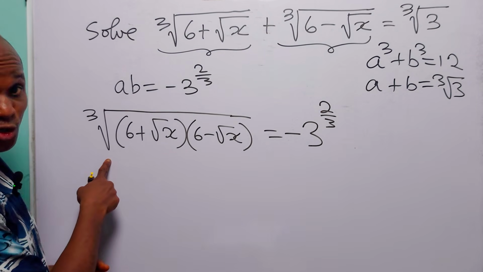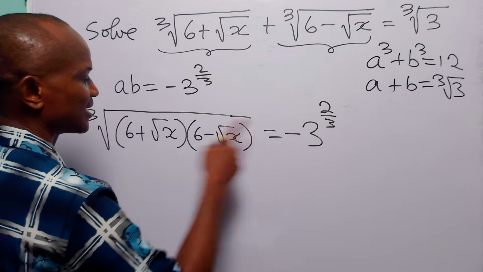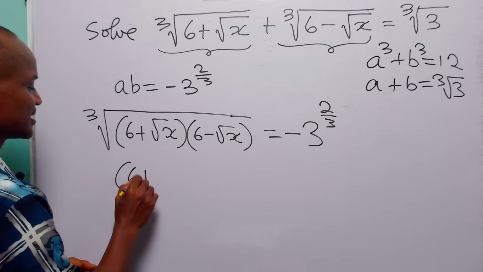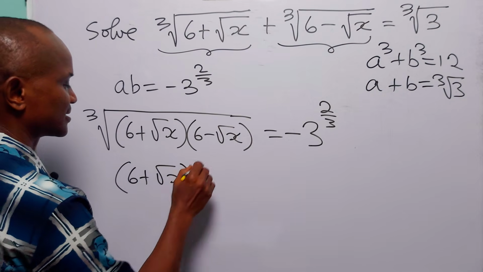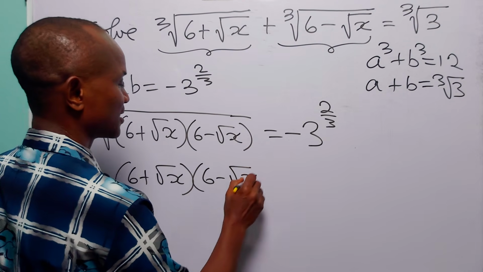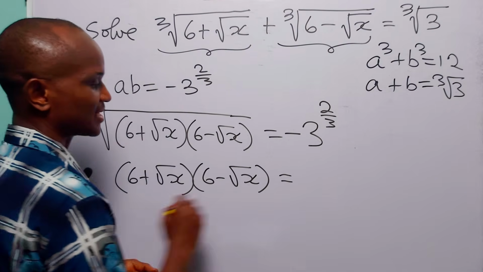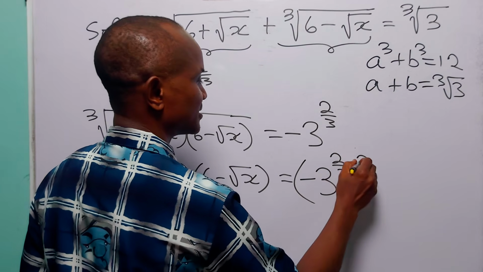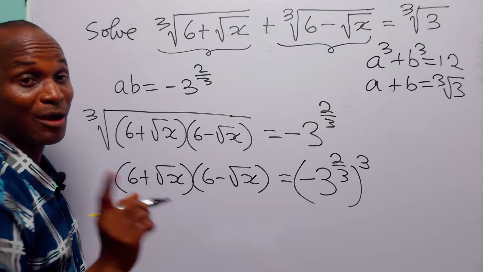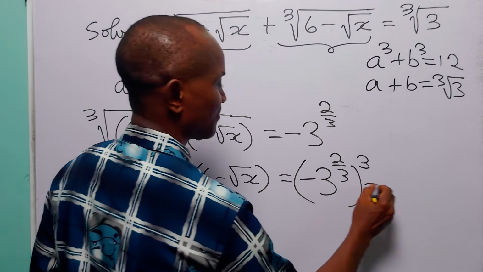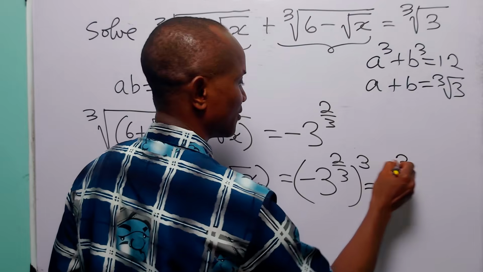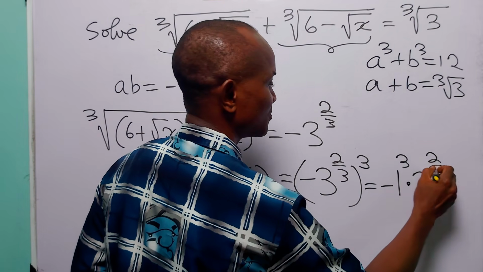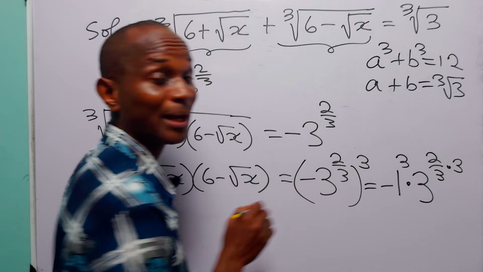Now, to get rid of this cube root, we raise both sides of this equation to power 3. When we do that, on the left-hand side, we have 6 plus root x times 6 minus root x. And on the right-hand side, we have minus 3 to the power 2 over 3 raised to power 3. Now, of course, you know that this is the same as minus 1 raised to the power 3 times 3 to the power 2 over 3 raised to the power 3.